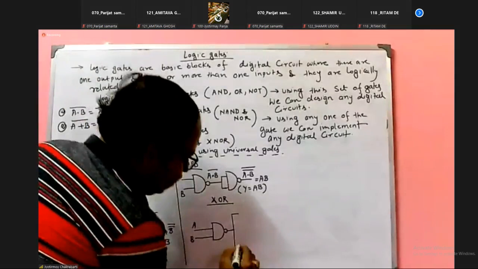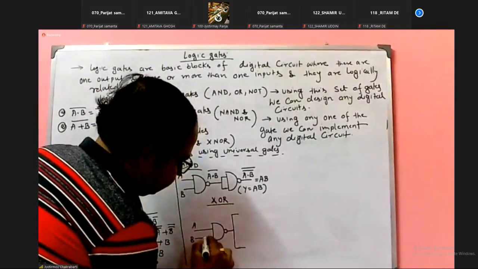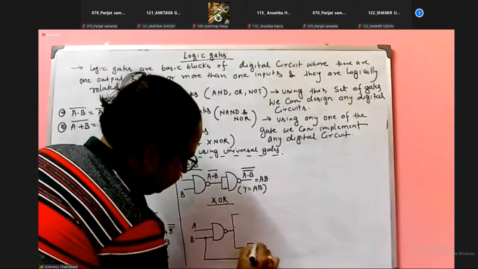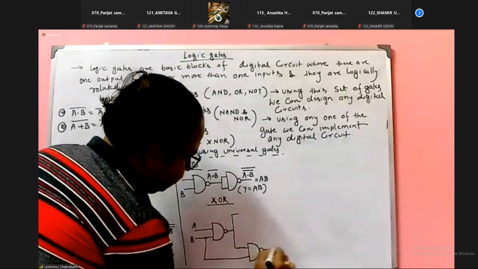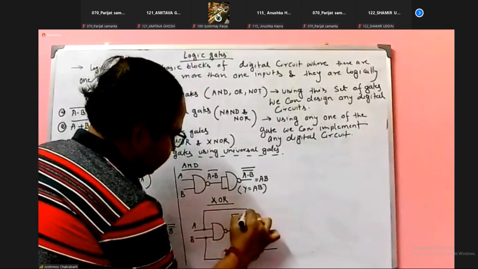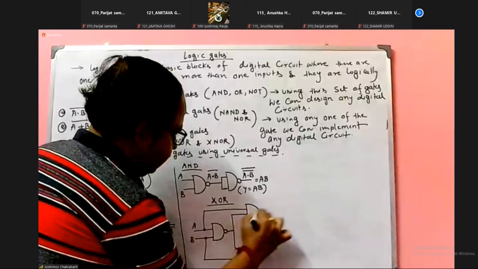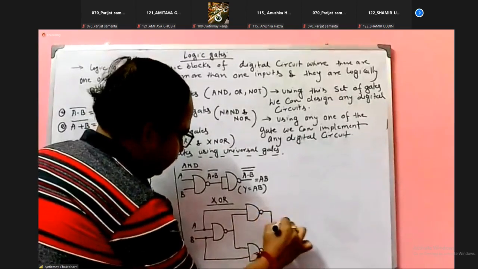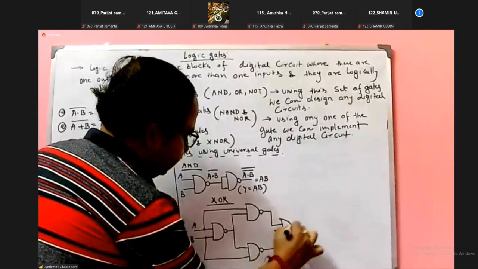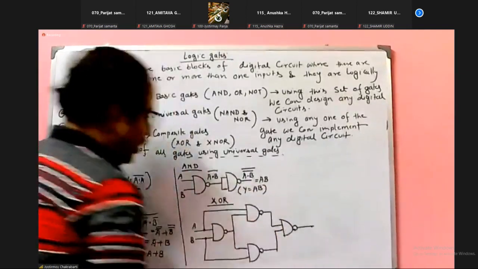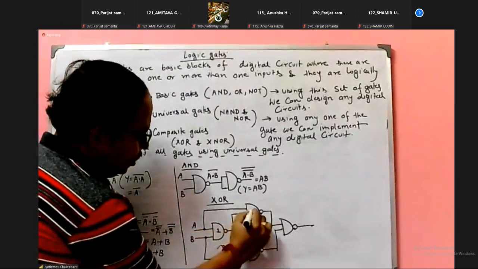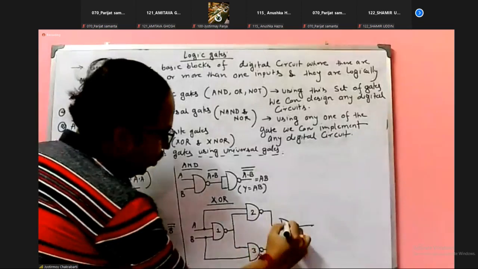What is our XOR gate? So this is the XOR gate. 1, 2, 3, 4.